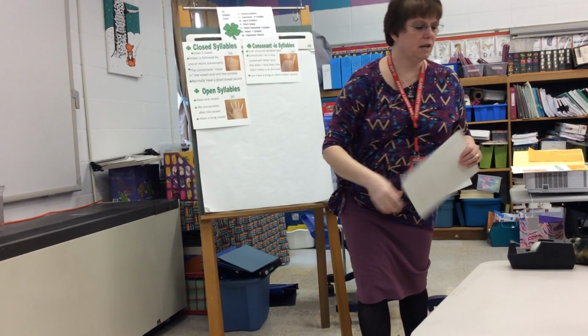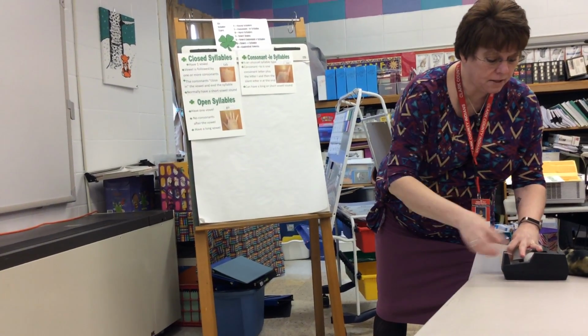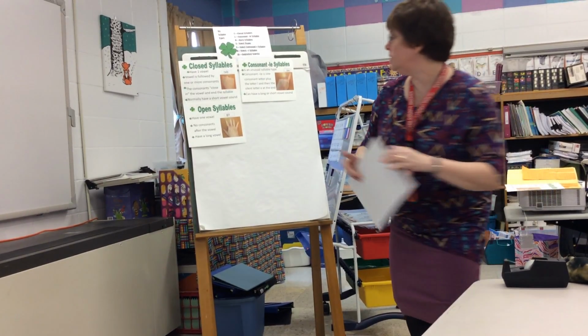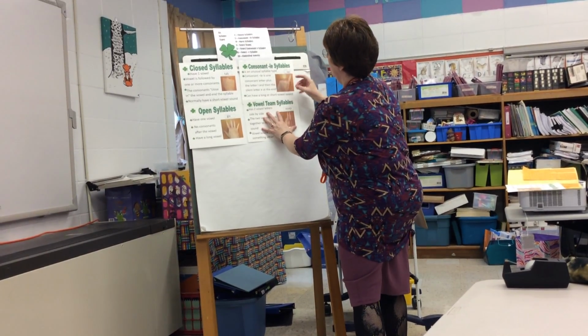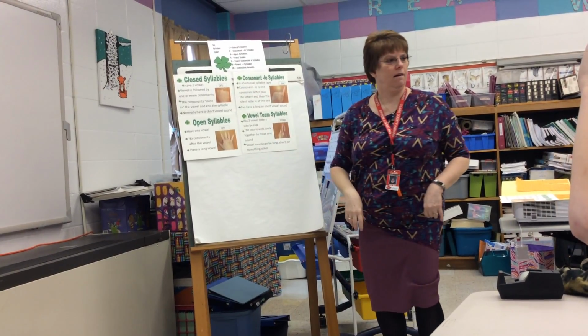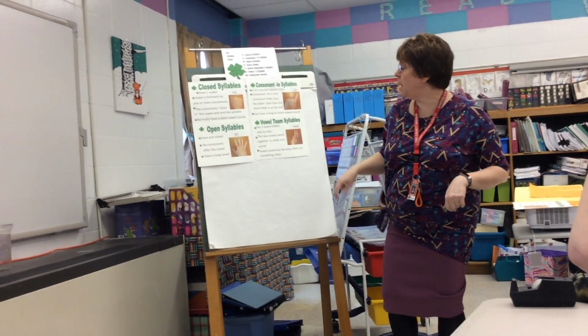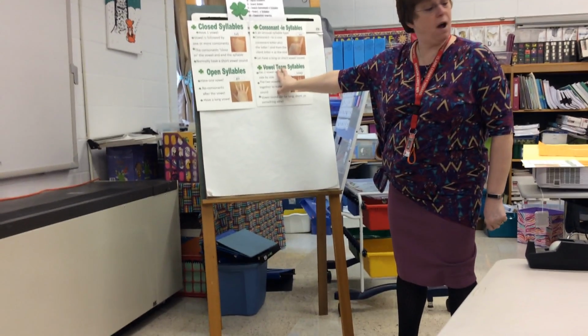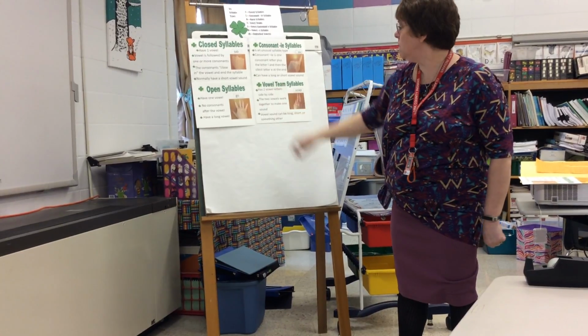Okay, the next type I want to talk to you about, and we haven't done this one yet, is vowel teams. Oh, we talked about it in our class. You talked about it in your class. Okay. Vowel team is when you have two vowels side by side, like in team.